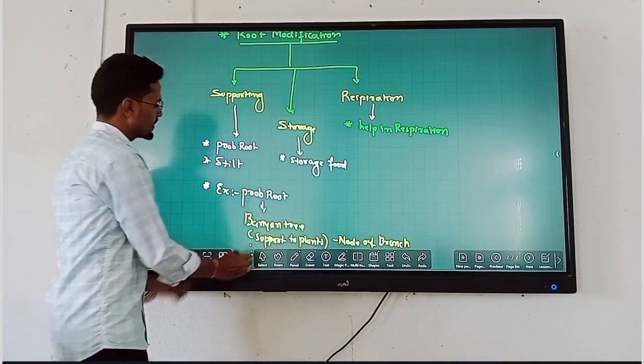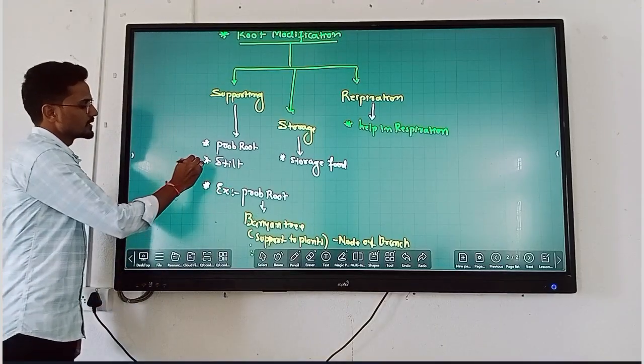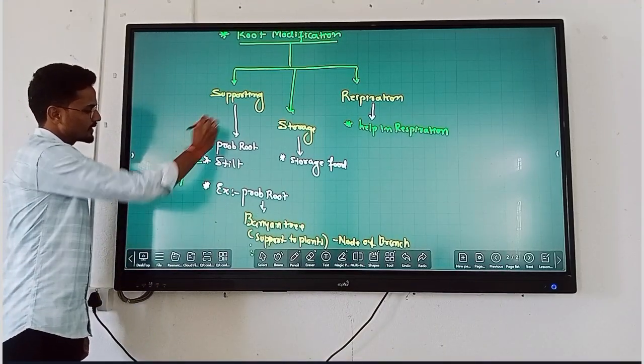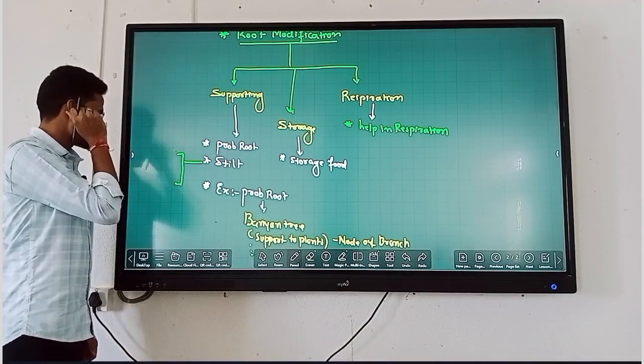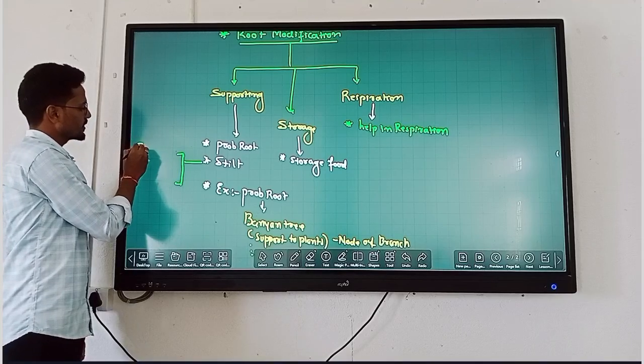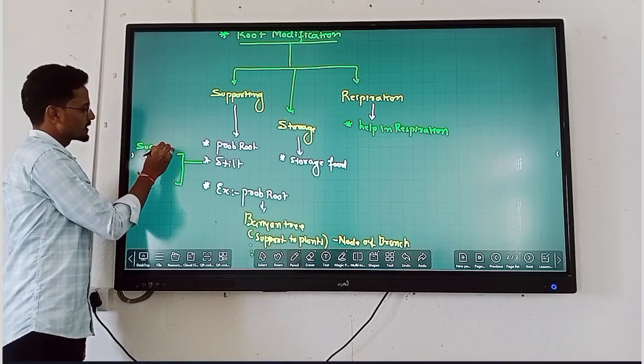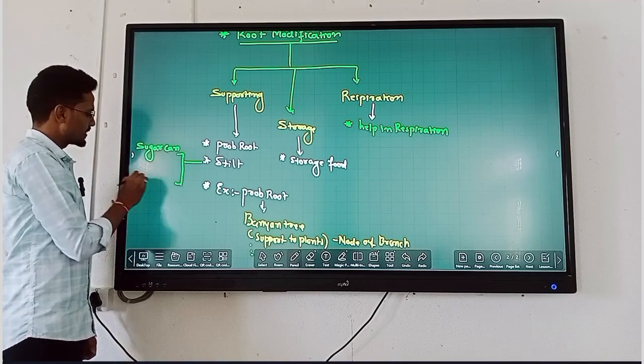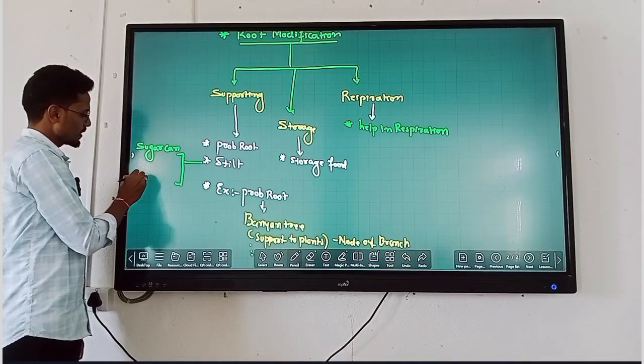Next, another example is for stilt root. There are two examples for this one. One is sugarcane. Another one is maize.